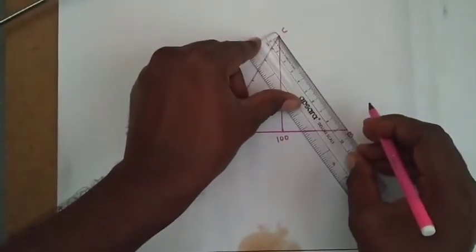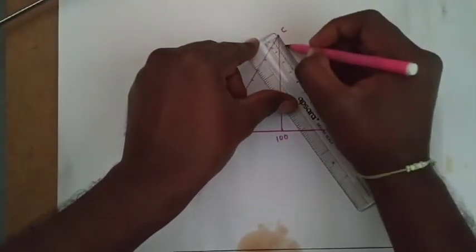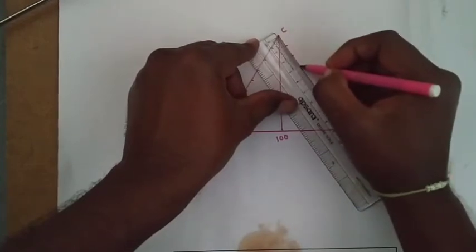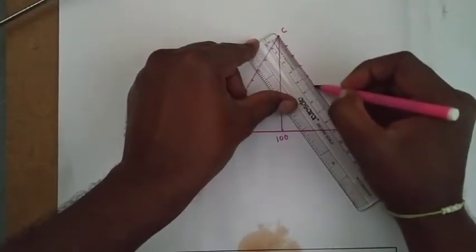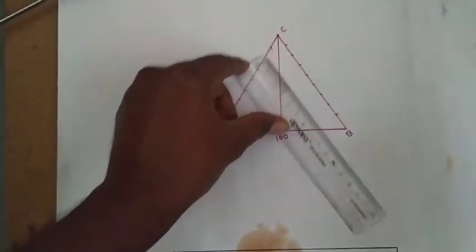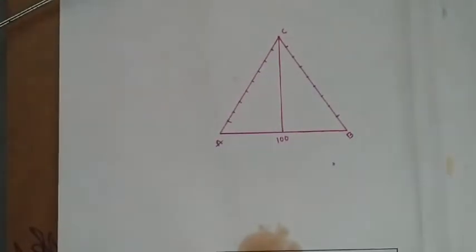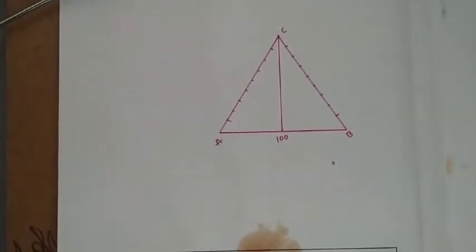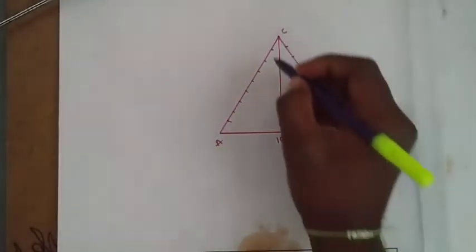1, 2, 3, 4, 5, 6, 7, and finally 8. Number these equal parts with the inverted side.